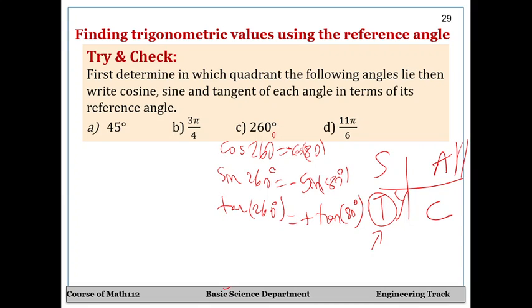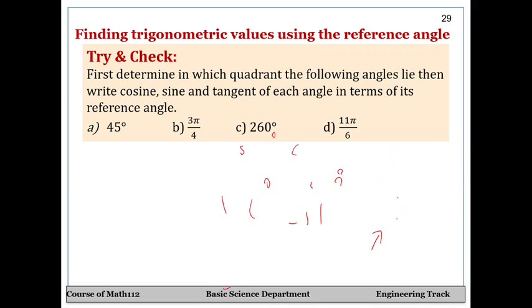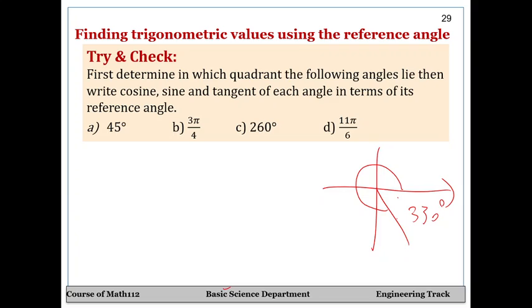And you can do the same thing for the last one. This will be 330 here, right? No, this one is 330, sorry. So then this will be 30 degrees. So the reference angle is 30, and it's in the fourth quadrant.